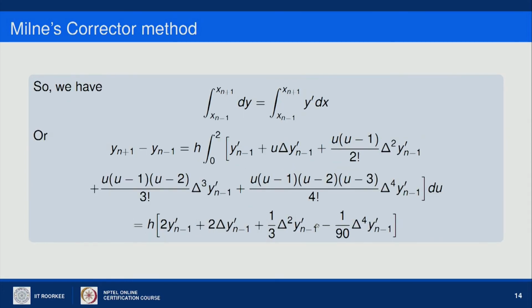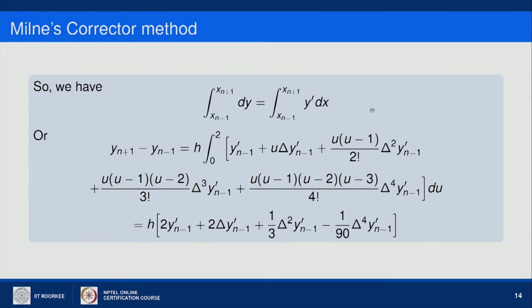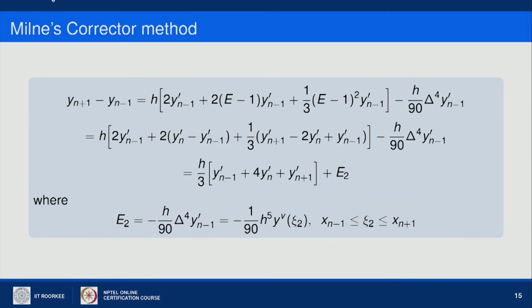So, again we will replace this forward difference operator by the shift operator, that is we replace del by e minus 1, and we will get this expression. And here again, like we have done in the earlier step, we will take this 1 upon 90 del raised to power 4 y prime n minus 1 outside the bracket. So, we have done it here.